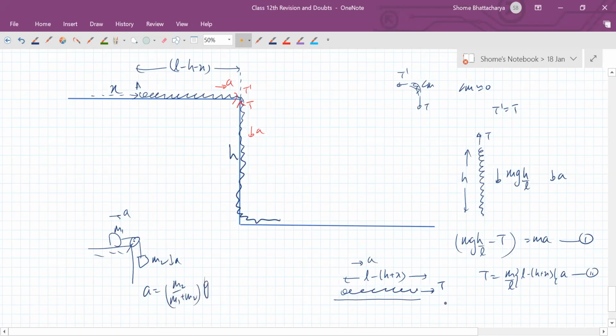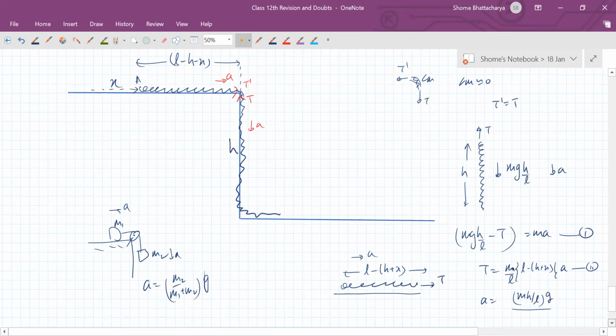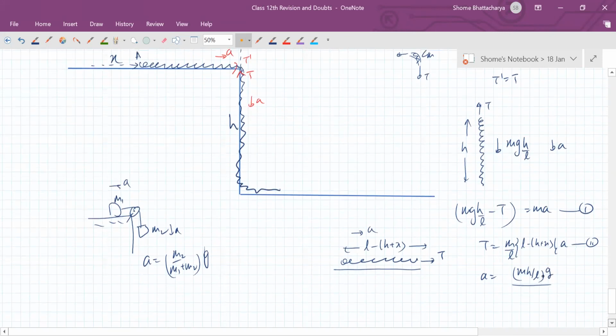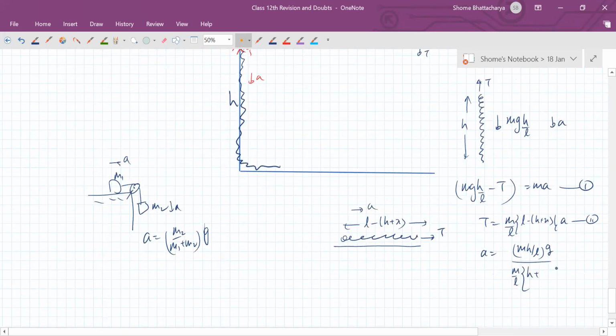So here this a will be the weight of the overhanging part, that is mgh by L, divided by the total mass of this part plus this part, which is m by L into h plus L minus h plus x. That is L minus x.